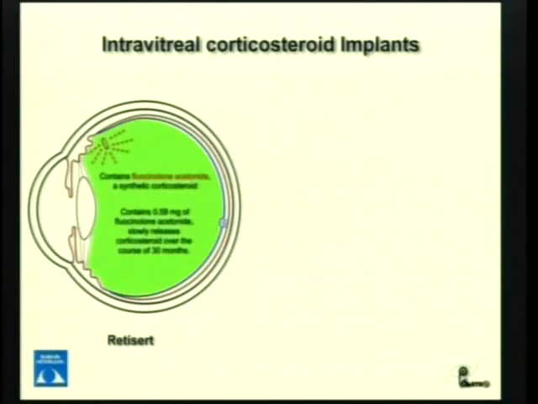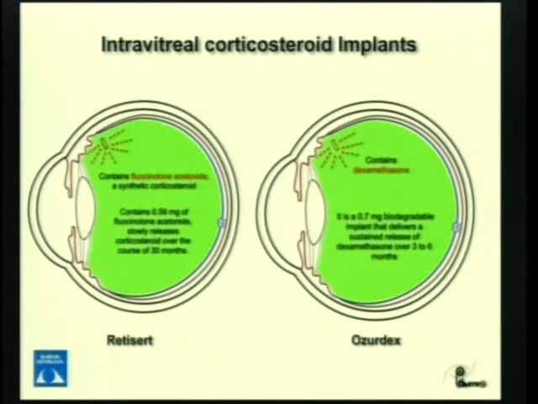The other group modified that, because dexamethasone has higher potency than triamcinolone acetonide and fluocinolone acetonide, so we devised another device called Ozurdex. Ozurdex releases 0.7 mg of the drug slowly, but for a shorter period of time, 3 to 6 months. Clear?